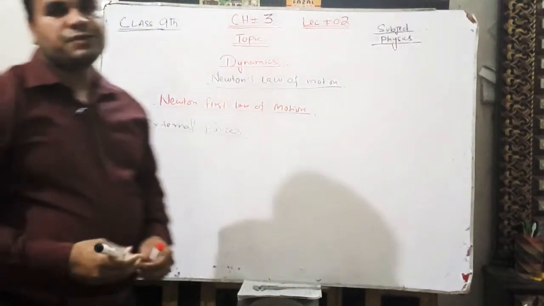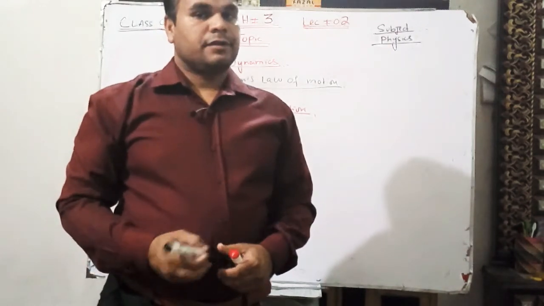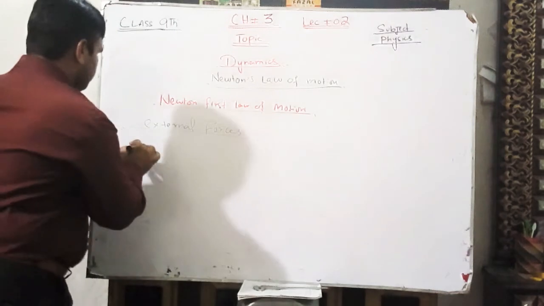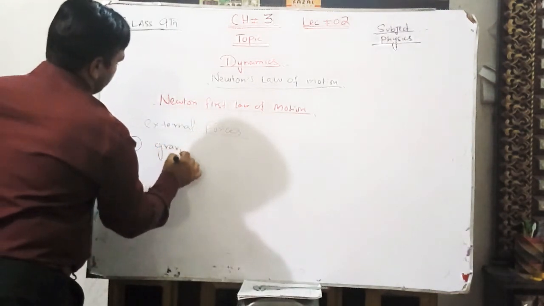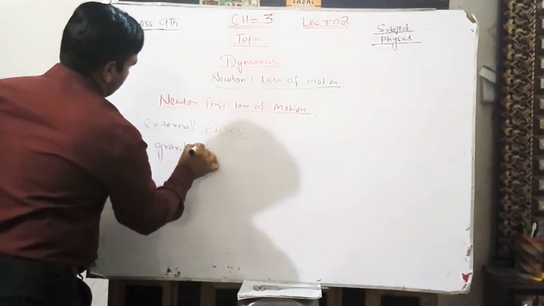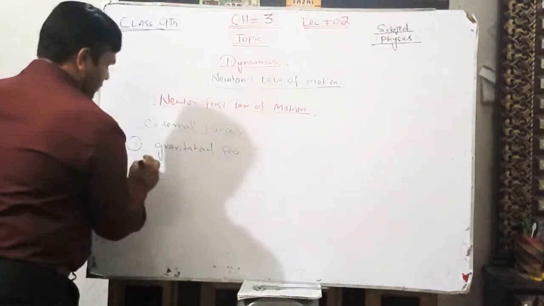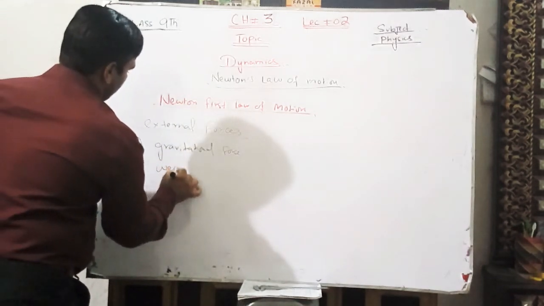When a body moves with uniform speed, some external forces are applied on it. Number one, gravitational force. Number two, weight of body.